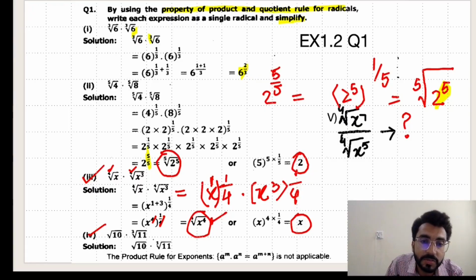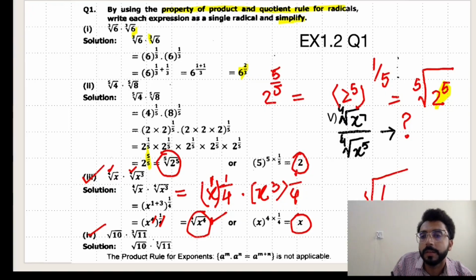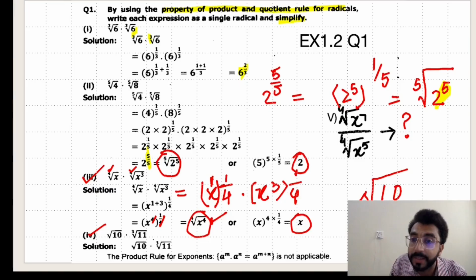Its index is 2. If square root of 10 is given, there is no index written here, but you should know that its index is 2.